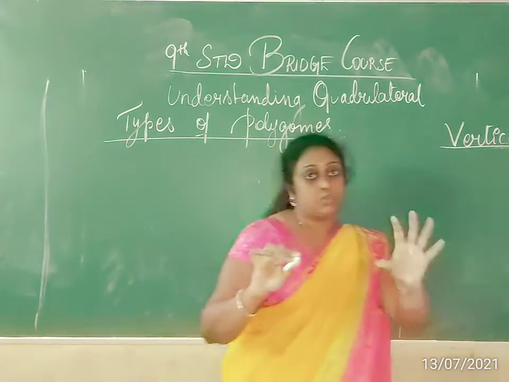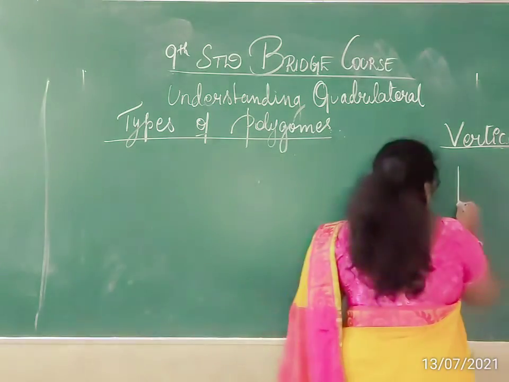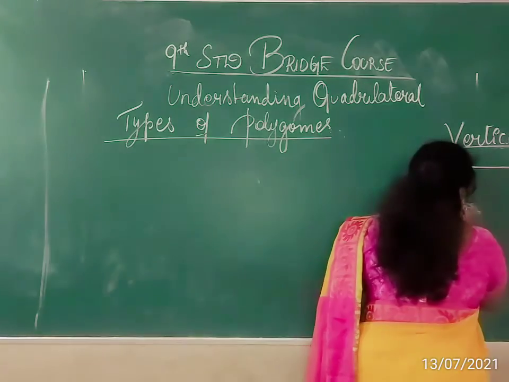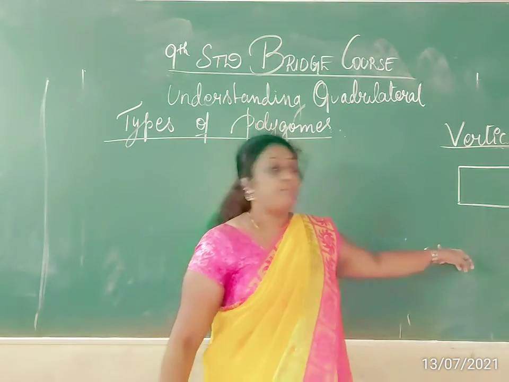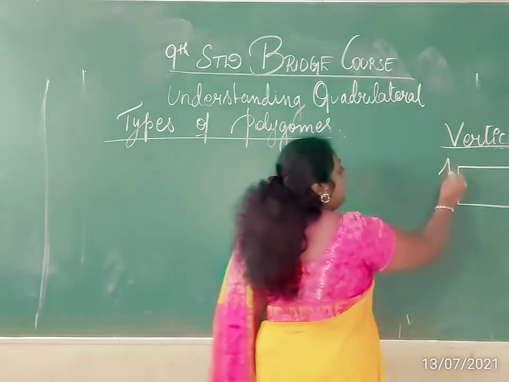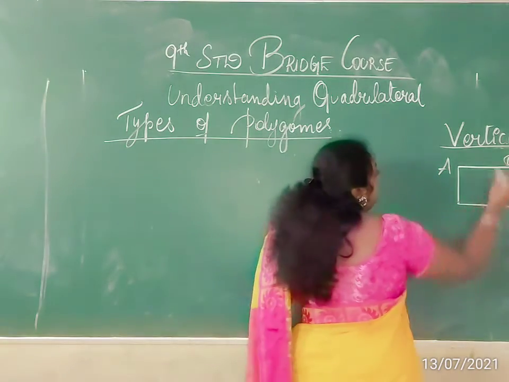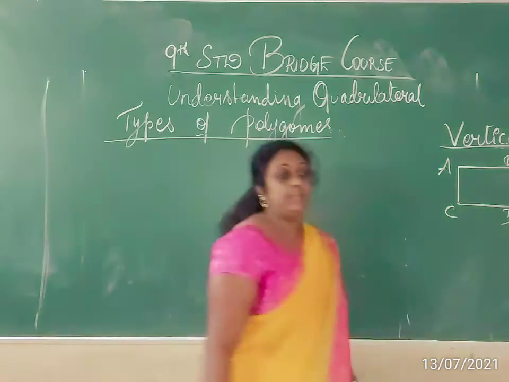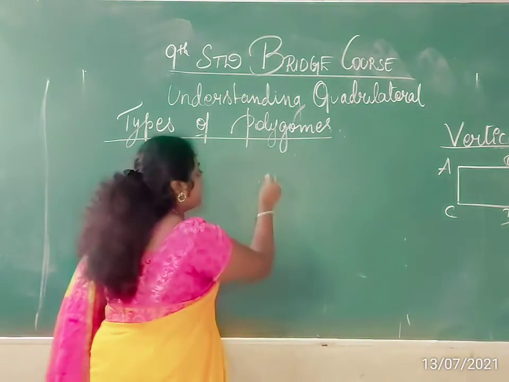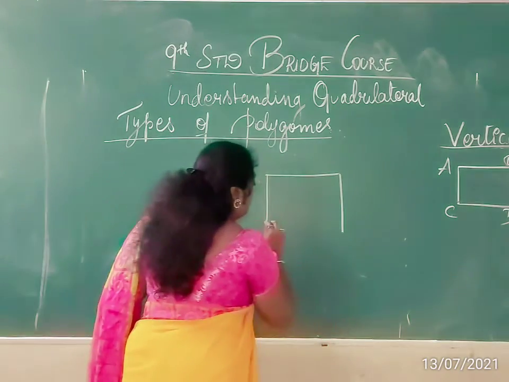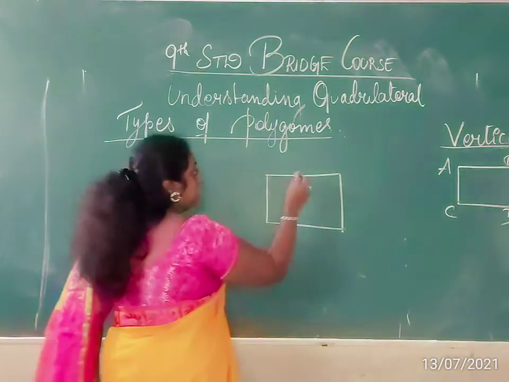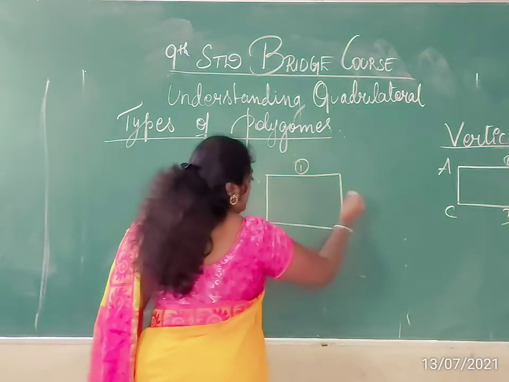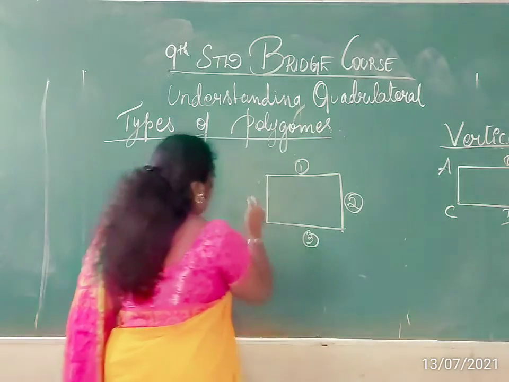Now I am going to draw a square. Now I have drawn a square. It has 4 sides, isn't it? 1, 2, 3 and 4.